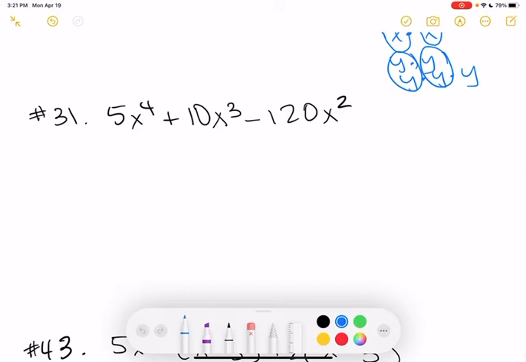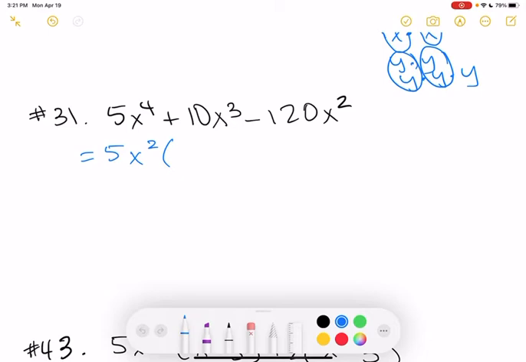Number 31 in 7.2. First thing I always do is look for a greatest common factor. So that 5, do you think 5 goes into each of those? It does. Okay, so let's pull out a 5 first. Is there anything else I can pull out? It looks like an x squared. And then let's see what we're left with.